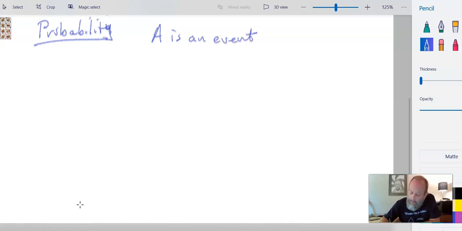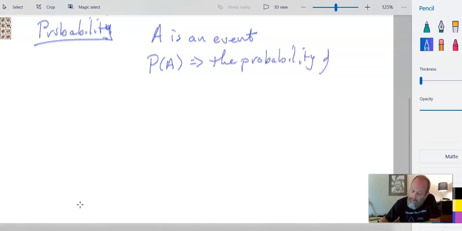P of A, this is how we write the probability of A occurring. Ooh, running out of room there. So that's the mathematical notation.